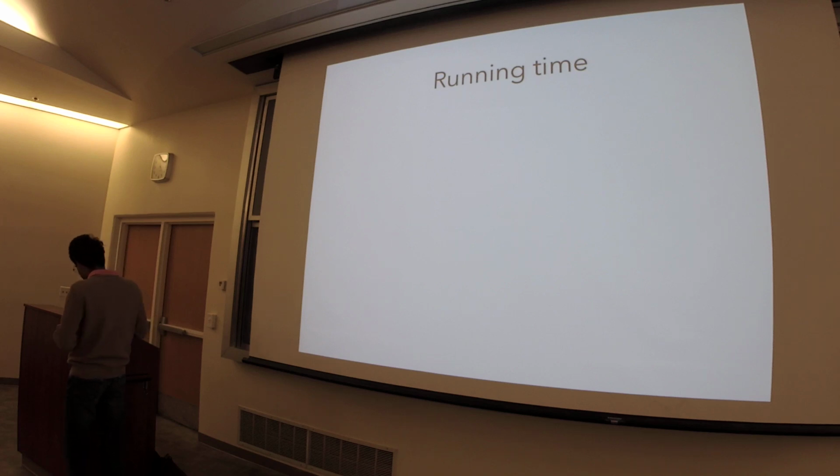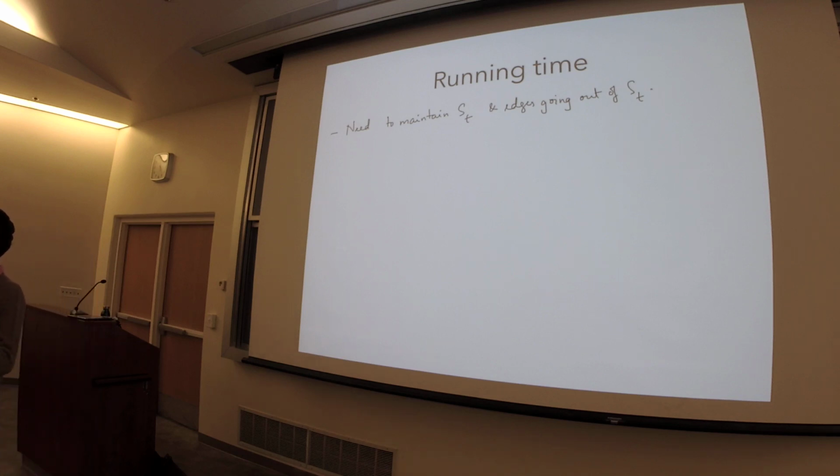Never mind. So what he's saying is you have to maintain S sub T, and the edges going out of this. These are two things that you've got to maintain.